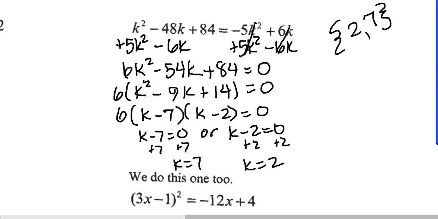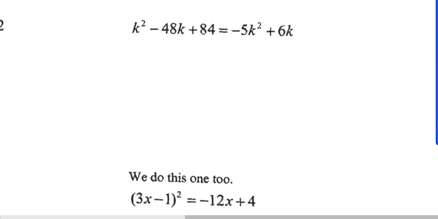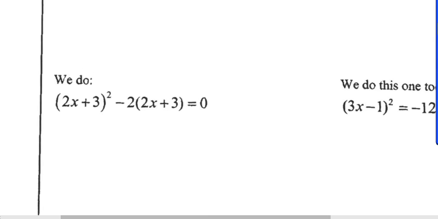Again, the answers were 2 and 7. Okay, so let's take a look at the last two problems.